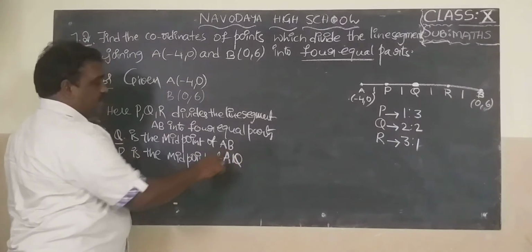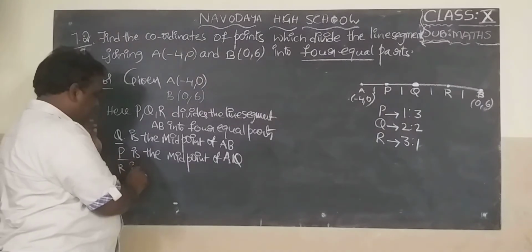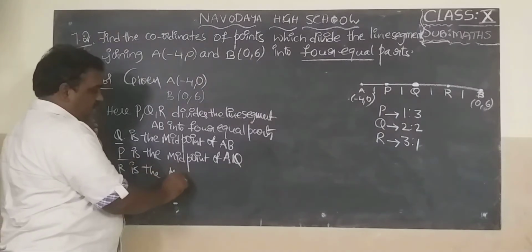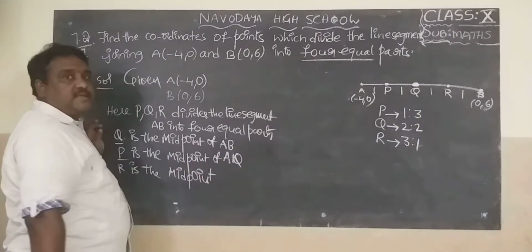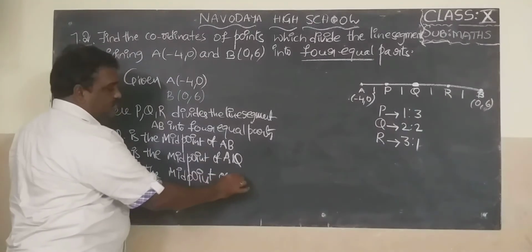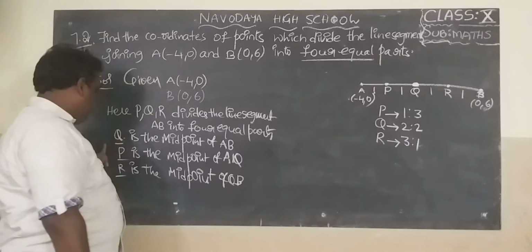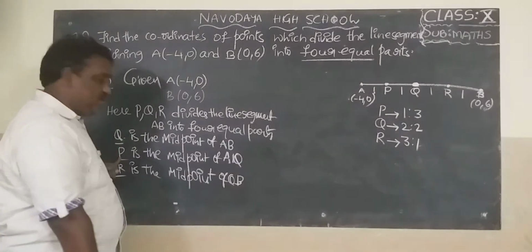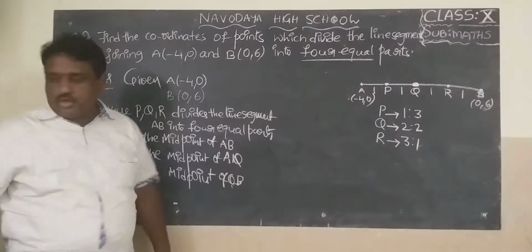P is the midpoint of AQ. R is the midpoint of QB. So Q is the midpoint of AB, P is the midpoint of AQ, R is the midpoint of QB.